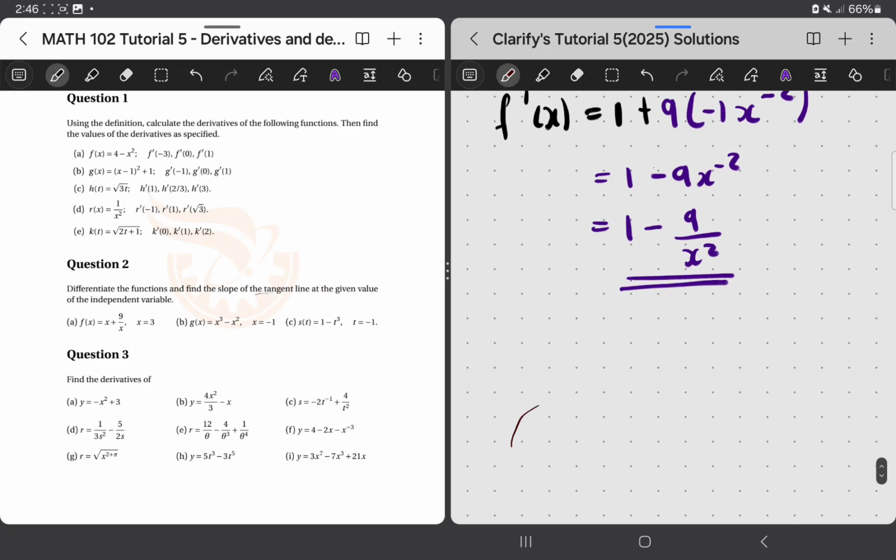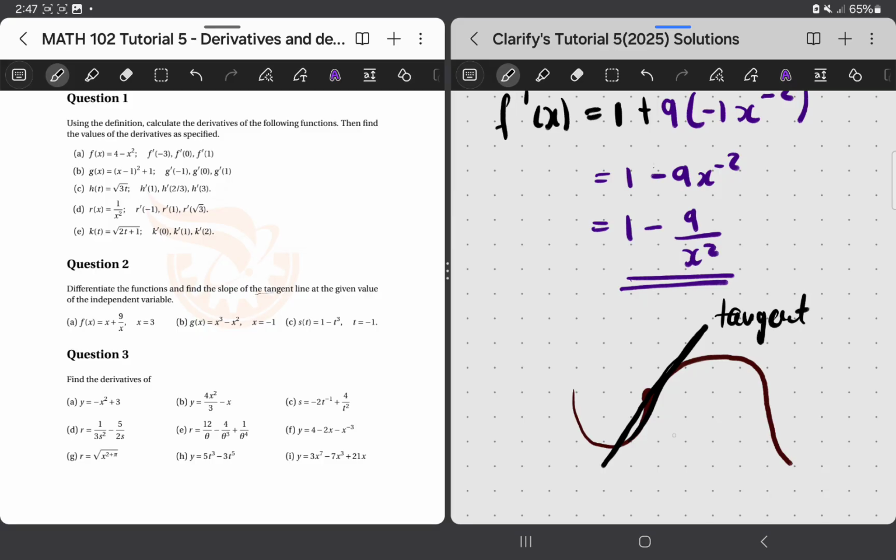It's like I have a curve like this, and I want to know what the slope is at this point. I can put a tangent line here. The slope of this whole tangent line is the same as the slope of the function at this point.